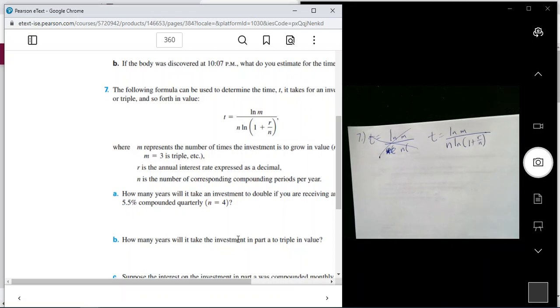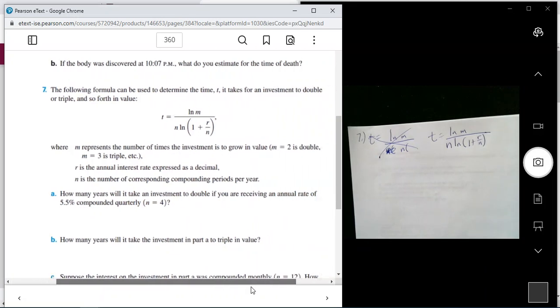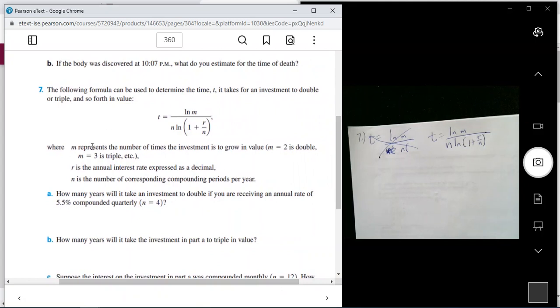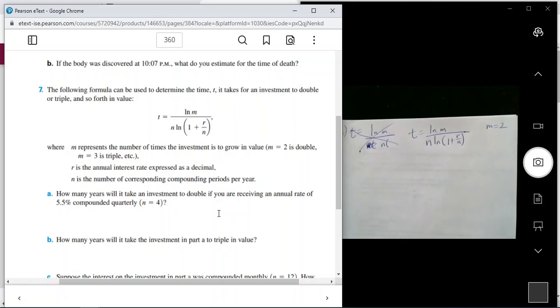All right, now let's take this piece by piece. They tell us here M represents the number of times the investment is to grow in value. It tells us here they want it to double. When it doubles, M equals 2. Okay, so far we know our M is 2. That's the first thing.